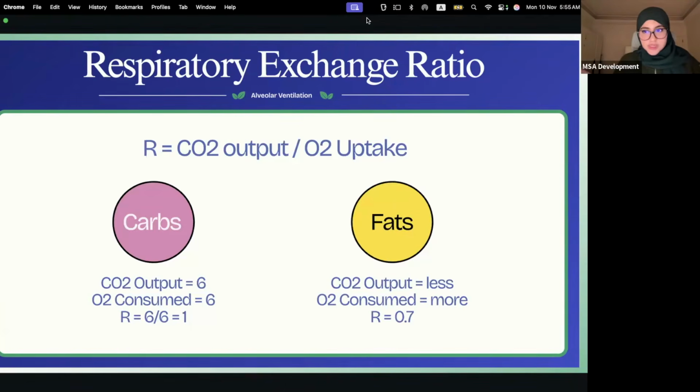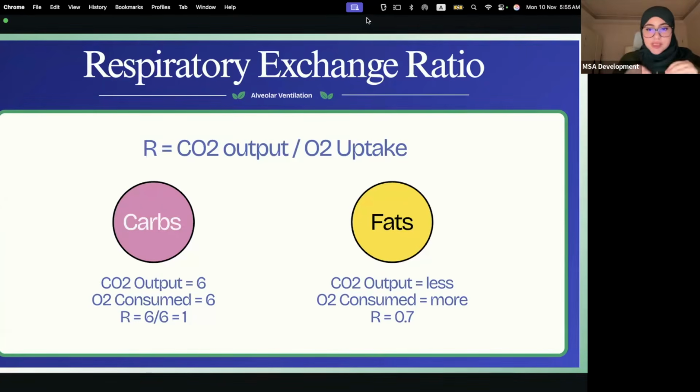For example, carbohydrates consume 6 molecules of oxygen and release 6 molecules of CO2, and that creates a respiratory exchange ratio of 1.